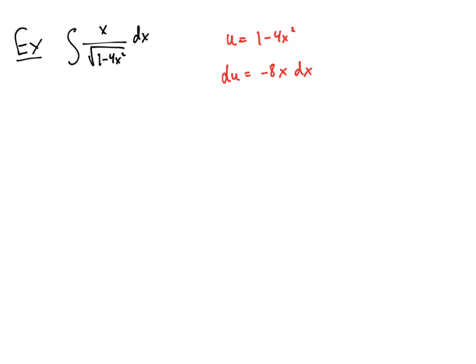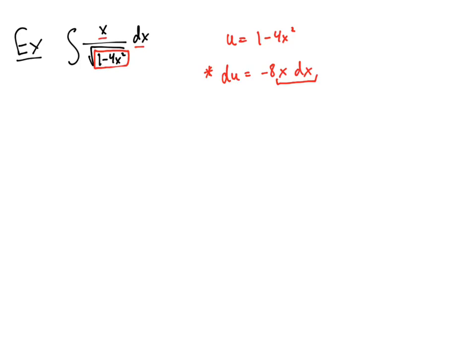So when we're doing this substitution, again, we want to make sure all of the x's and dx convert to u and du. So we have 1 minus 4x squared down here. And then we have left over an x and a dx, but in this equation for du, we don't have just x dx, we have an extra negative 8.